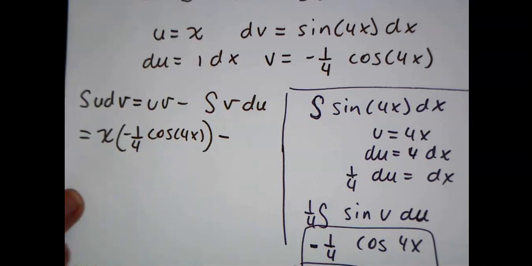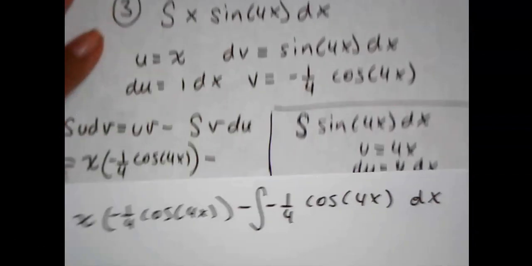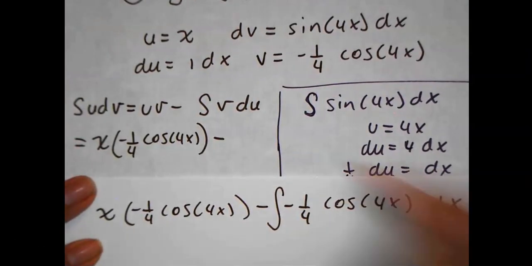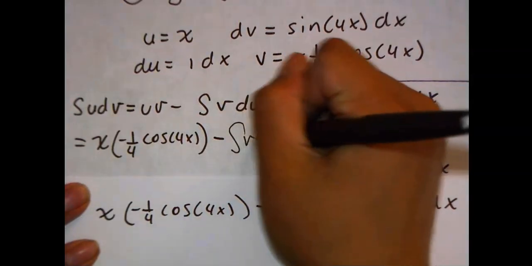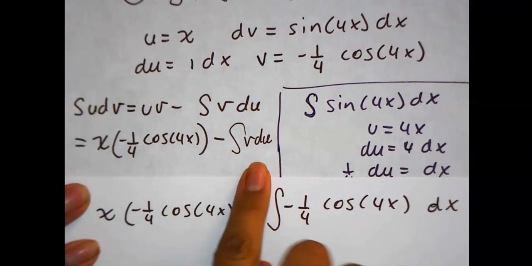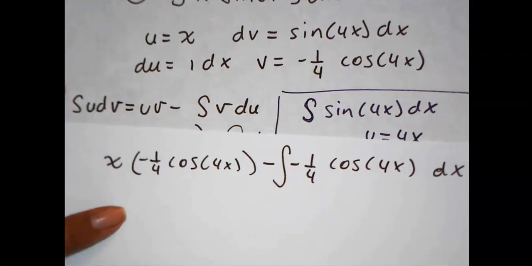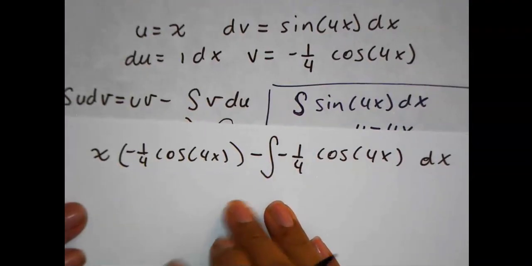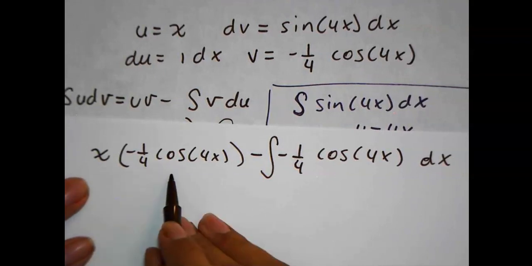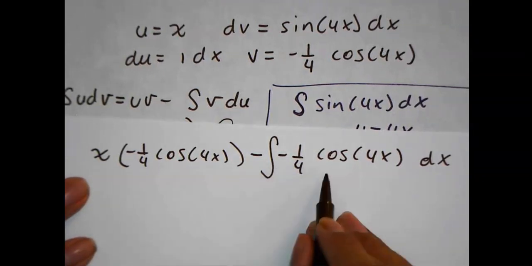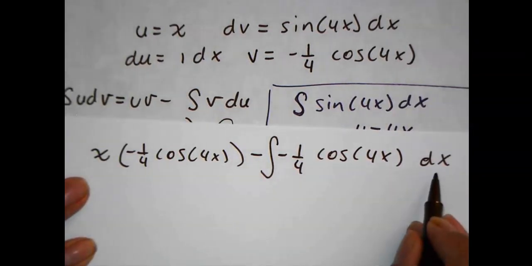Let me rewrite it again. I don't like how there's a break right there. Because here we have the integral of v du, but it didn't fit. Okay, so I'm writing it again right here. Okay, so I have uv minus the integral of v du, which is 1 dx.